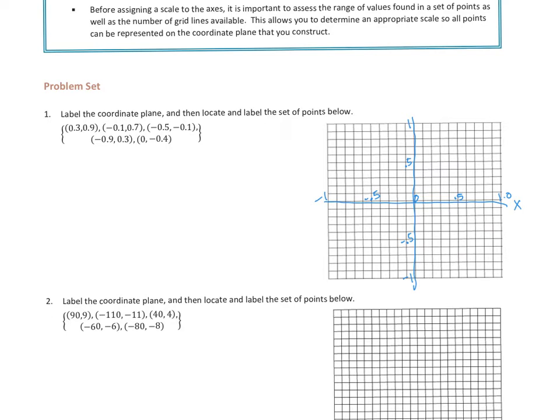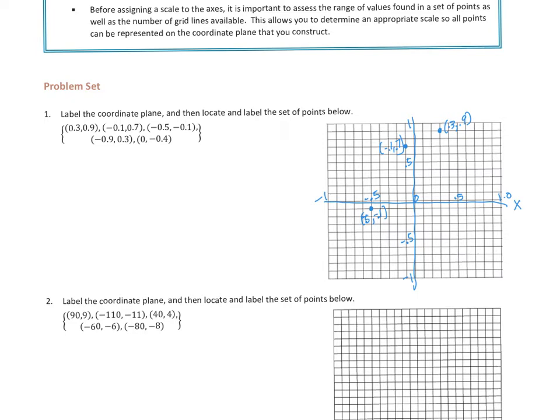Okay. So if I go 1, 2, 3, and I go up 9, that is 0.3 and 0.9. I know I need the 0 in there. Then I go over here and I go negative 1 tenth, and I go up 5, 6, 7. So negative 1 tenth and 7 tenths. Got it. Then I go negative 5 tenths, negative 1 tenth.